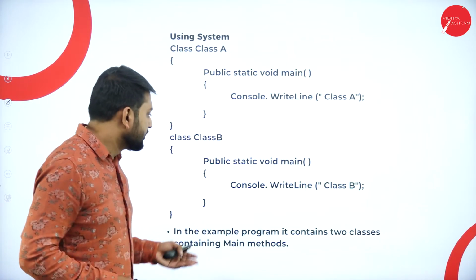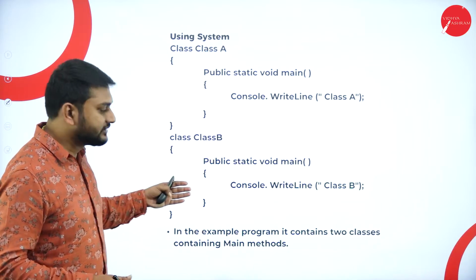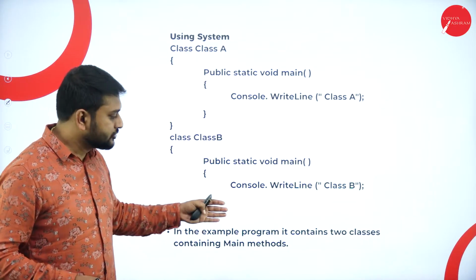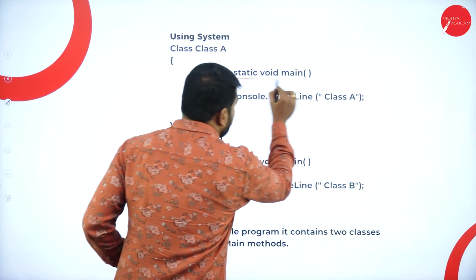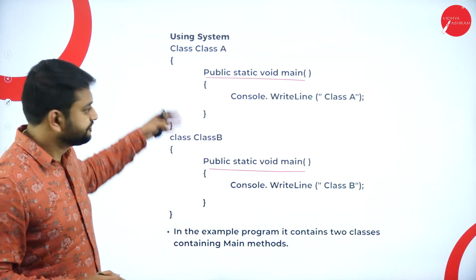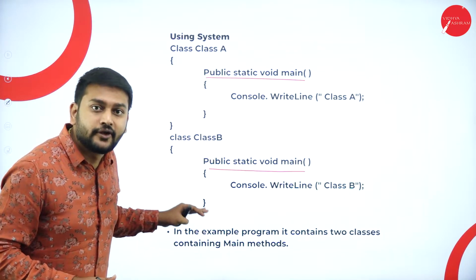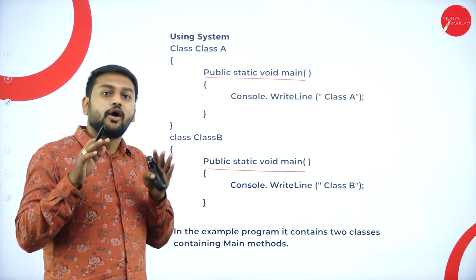All right, so that's what I have here. Observe here. This is a program and it has two classes which have two main functions. Here I have the main function and here also I have the main function. This is the speciality of C#.